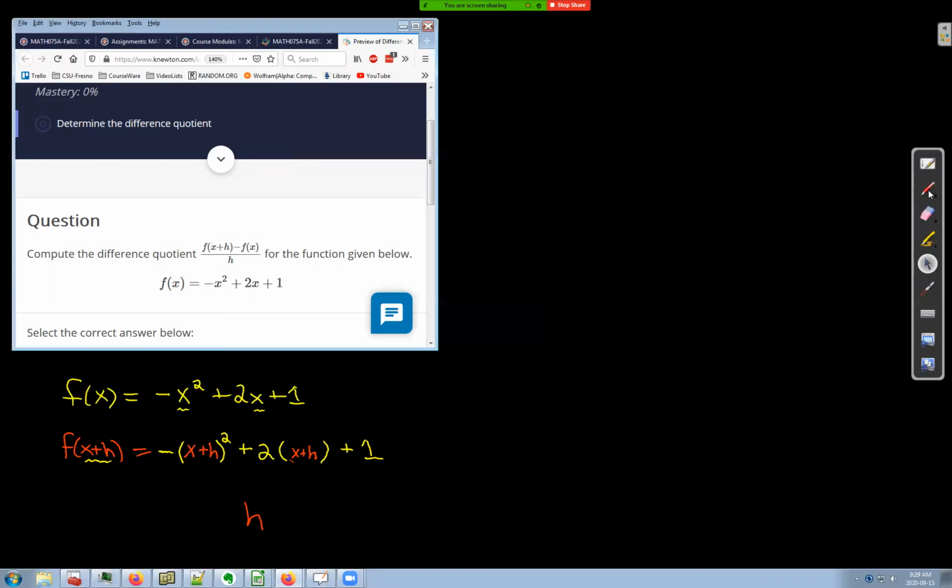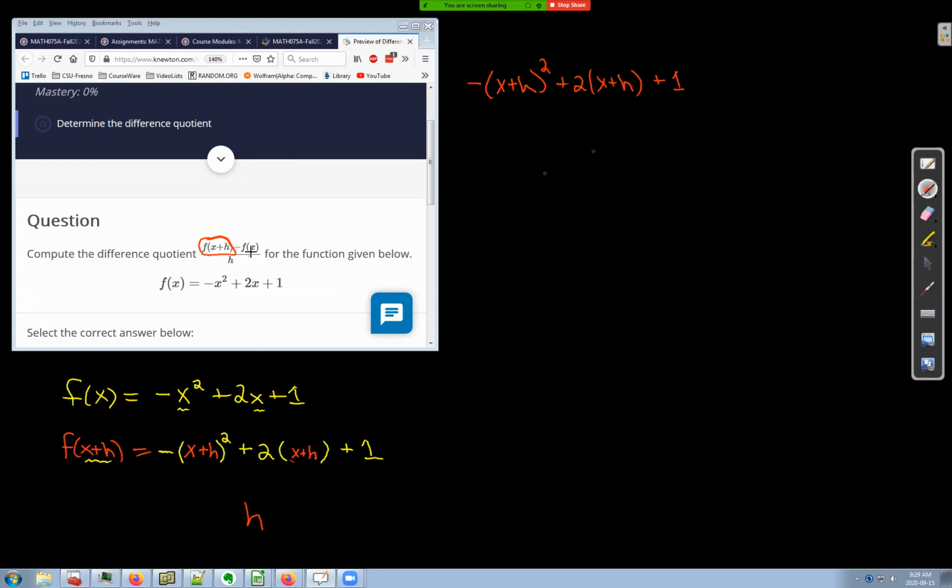So let's see here. The formula says you do f of x plus h. So if I look at my formula, the first thing I have is f of x plus h. Here's f of x plus h. So f of x plus h is negative x plus h squared plus 2 times x plus h plus 1.